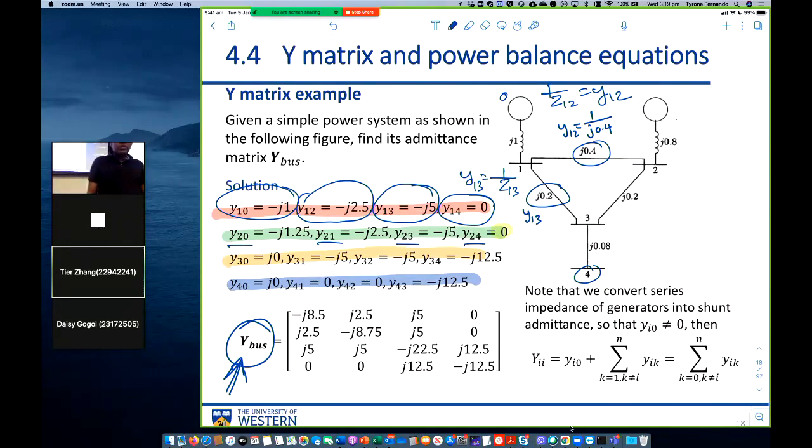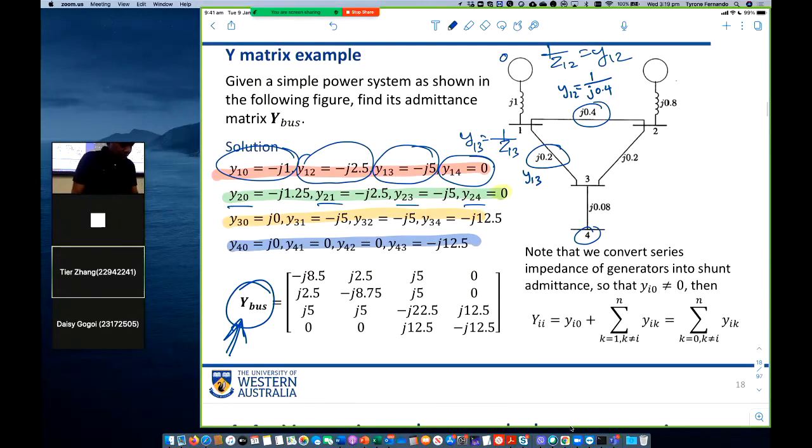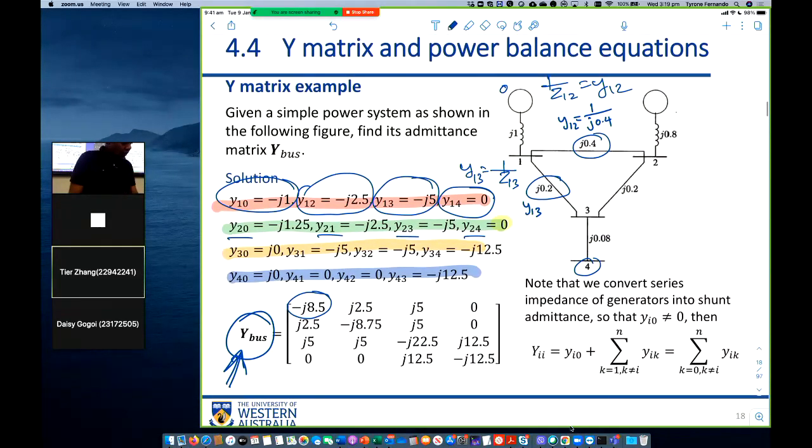And then how do you get the admittance matrix? Right? So this value here is the sum of the admittances connecting bus 1. So it will be y12 plus y13 plus y10.